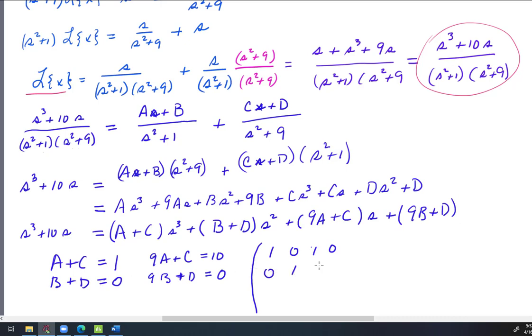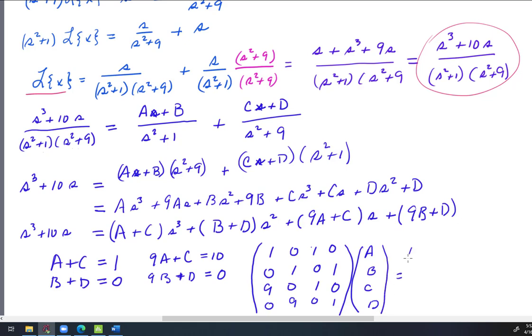So that would be 0, 1, 0, 1. 9A plus C would be 9, 0, 1, 0. And 9B plus D would be 0, 9, 0, 1. So that's the coefficient matrix. And the matrix of unknowns would be A, B, C, D.